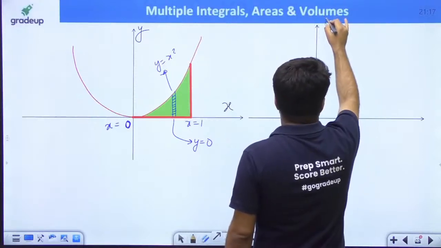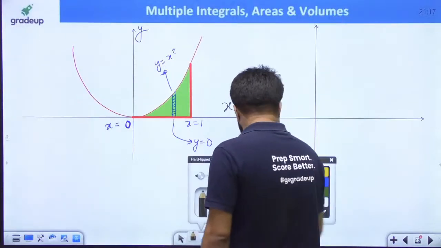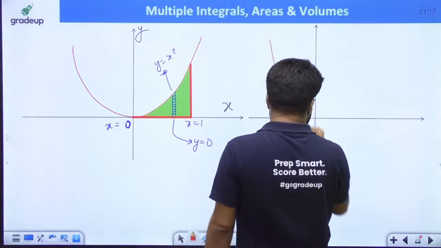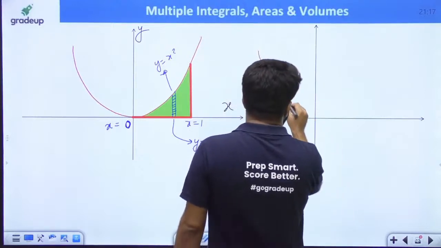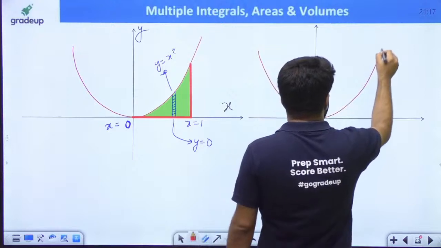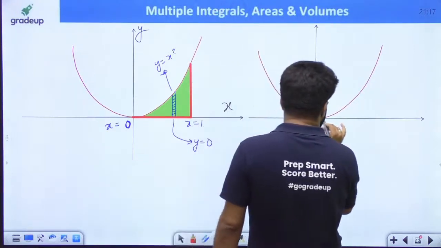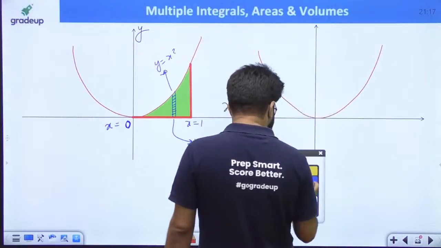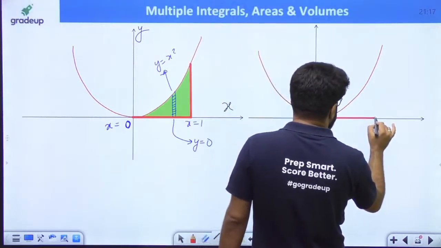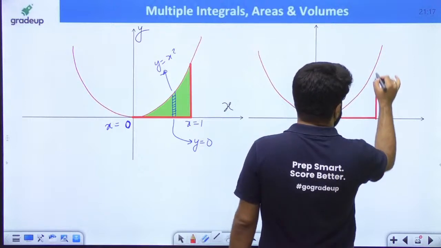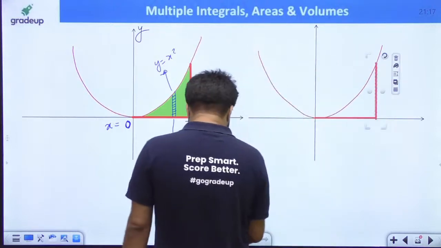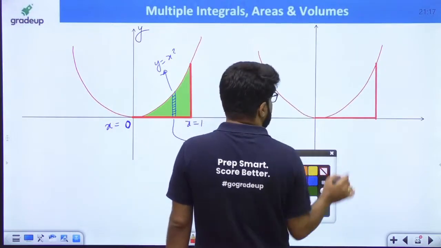For the same portion, you have to take a horizontal strip.